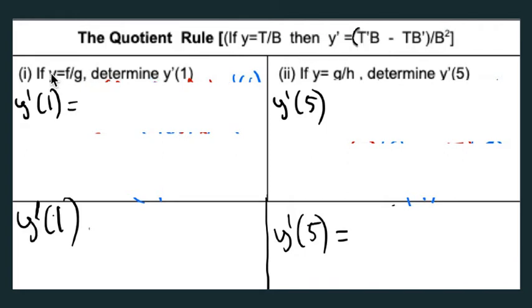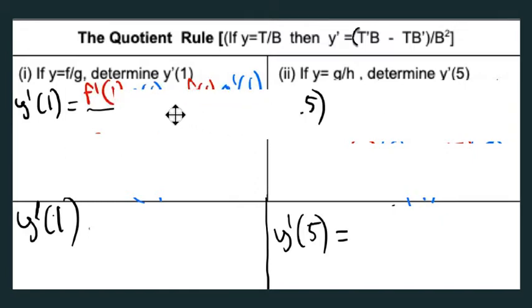What we're going to do is assume that we've got a function that's f divided by g. That's referring to the table that I used in the product rule questions. So y is f divided by g, and we're going to determine y prime at 1. As we develop our formula, we start with the top being f and the bottom being g.